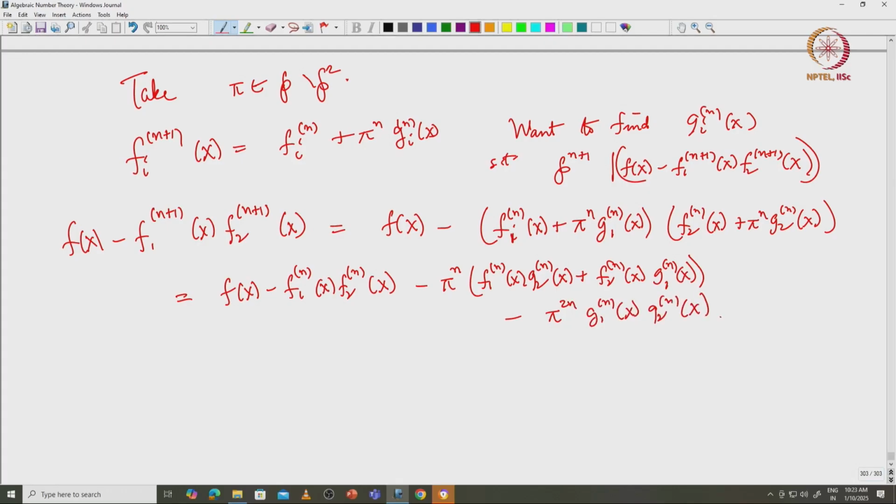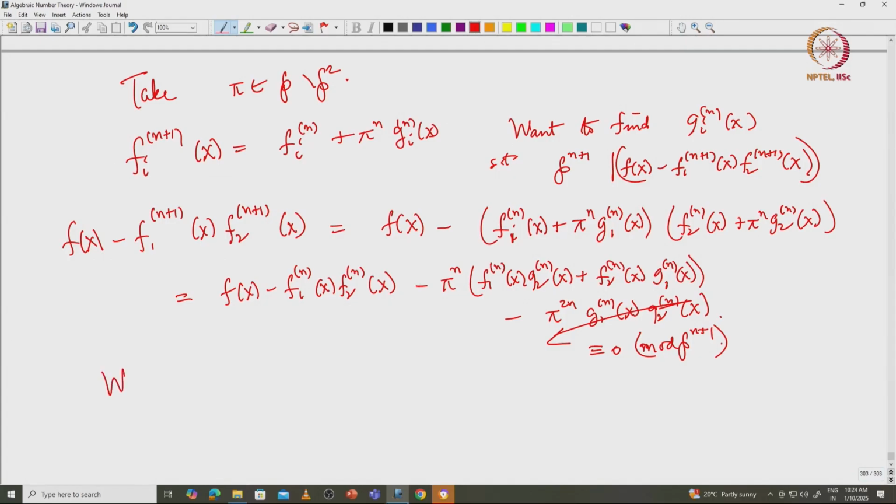So, as before, as in the special case, this last term is irrelevant if we want to look at things mod p to the n plus 1. This is already 0 modulo p to the n plus 1. So, that term is irrelevant. I just wrote it in the wrong order. This should be congruent to 0 mod p to the n plus 1. Okay. All right.